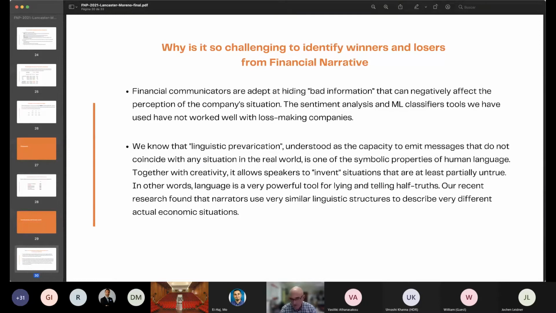In other words, language is a very powerful tool for lying and telling half-truths, as everybody knows. Our recent research found that communicators in the letter to the shareholders use very similar linguistic structures to describe very different actual economic situations.